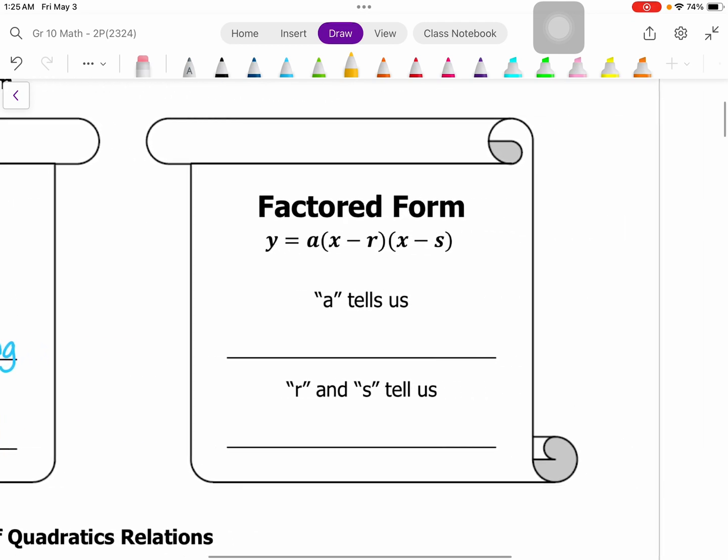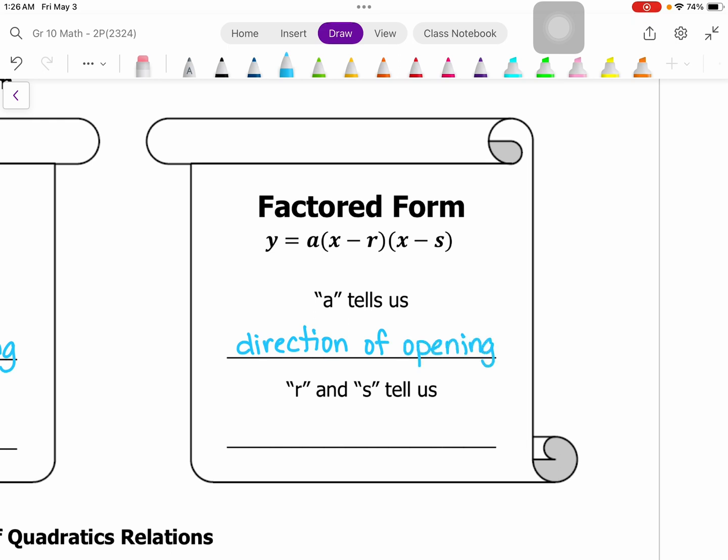Factored form, our equation is y equals a times x minus r times x minus s. And that a value, again, we have the exact same letter as standard form, and that is because as we switch between the two forms, that number is going to be the same. And so it gives us the same piece of information, the direction of opening.